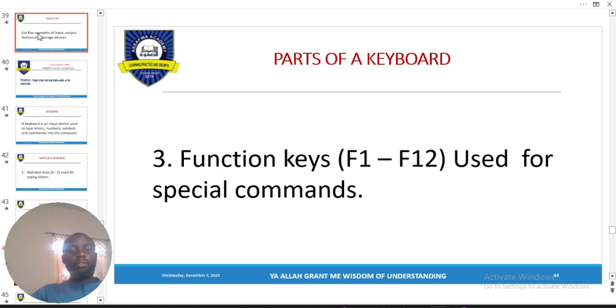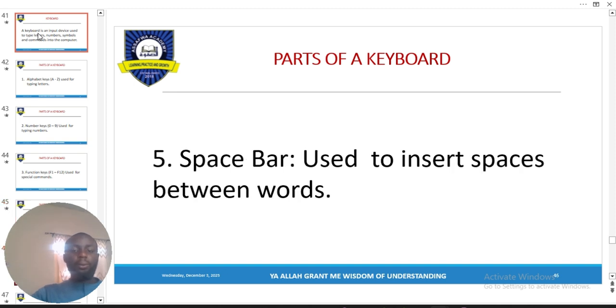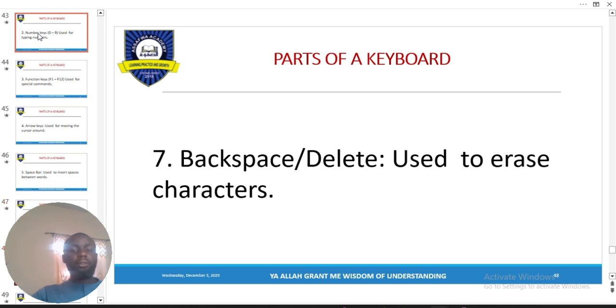Then we have the function keys, from F1 to F12, which are used for special commands. Then we have the arrow keys, which are used for moving the cursor around from left to right, up and down. Then we have the space bar, which is used to insert spaces between words. Then we have the enter key, which is used to move to the next line or give a command. Then we have the backspace or delete, which is used to erase characters.